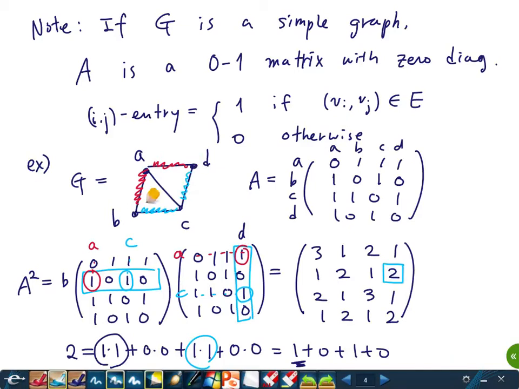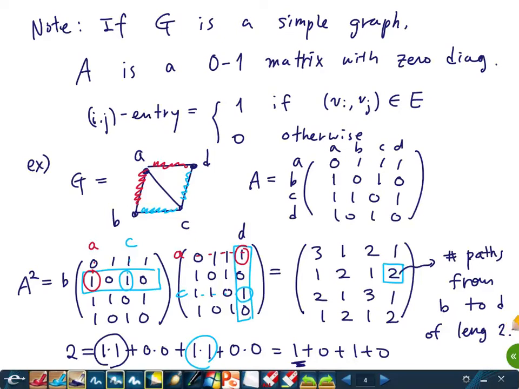So whenever you can go from B to D by visiting one vertex and then to D, that corresponds to one term over here. In other words, the entry here, 2, is the number of paths from B to D of length 2.